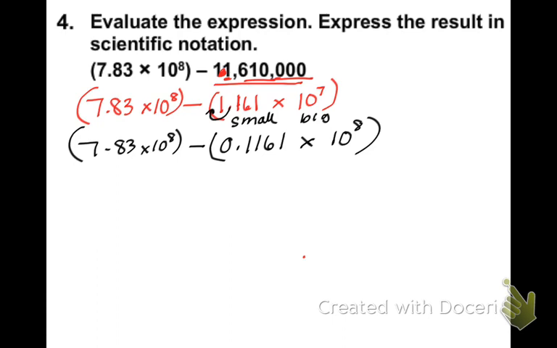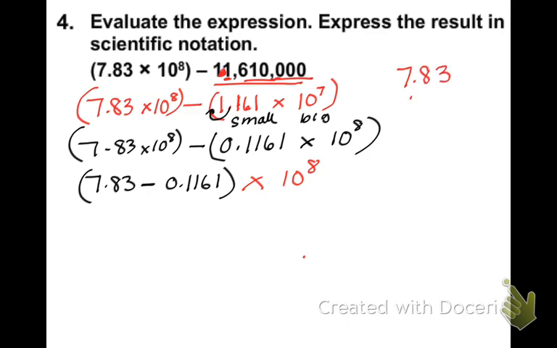Right, we're going to subtract the 7 and 8300ths minus 0 and 1,161 10,000ths, and all of that is times 10 to the 8th power. So all I'm doing, I'm subtracting 7 and 8300ths, and I'm lining this up, 1,161.